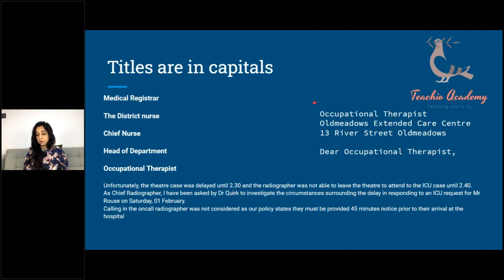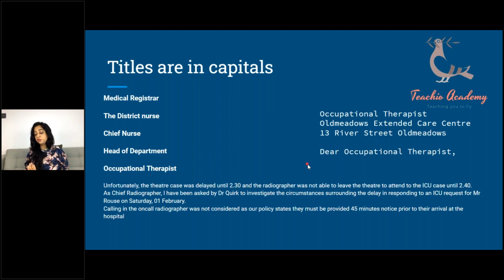Notice this from the official OET solved letters. The address, they've written everything in capitals. So Occupational Therapist, Old Meadows Extended Care Center. Notice all of the letters start with capital letters. 13 River Street, Old Meadows. So everything in your address is going to start with a capital letter.